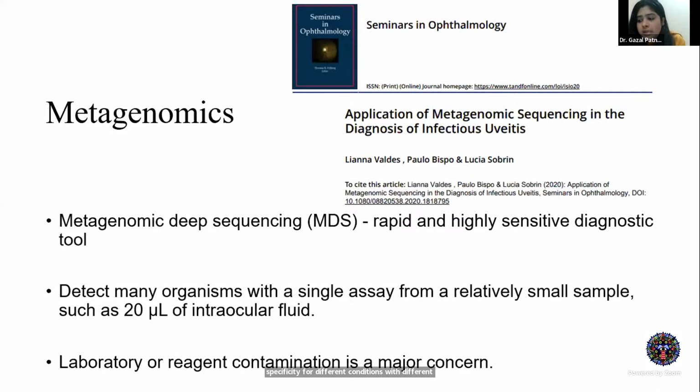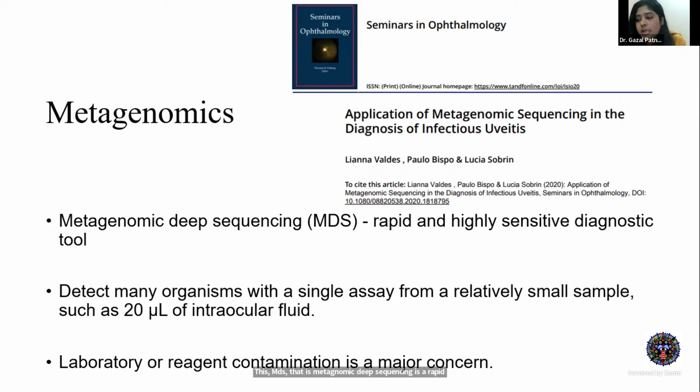Coming to recent advances, metagenomics refers to the study of genetic material recovered from various body fluids and tissues. Tremendous advances in sequencing technologies have been made over the last few years. This MDS, that is metagenomic deep sequencing, is a rapid and highly sensitive diagnostic tool.